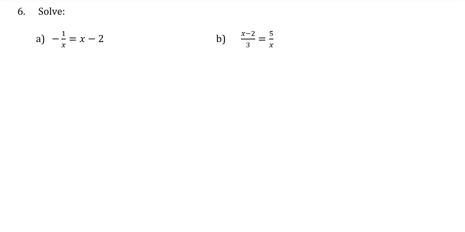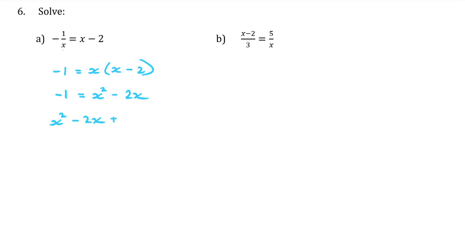Question 6. Again, because I have a fraction here, I need to multiply the denominator over to the other side. Now that does mean I'm going to need to use brackets. The x needs to multiply all of the x minus 2, which would expand out to be x squared minus 2x. So the x squared minus 2x is the start of my quadratic.